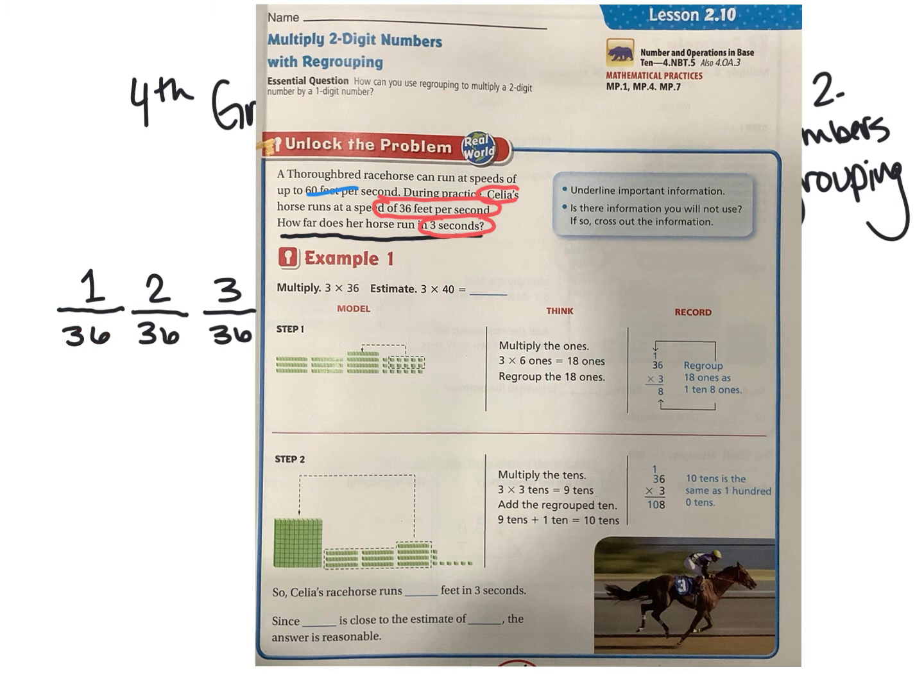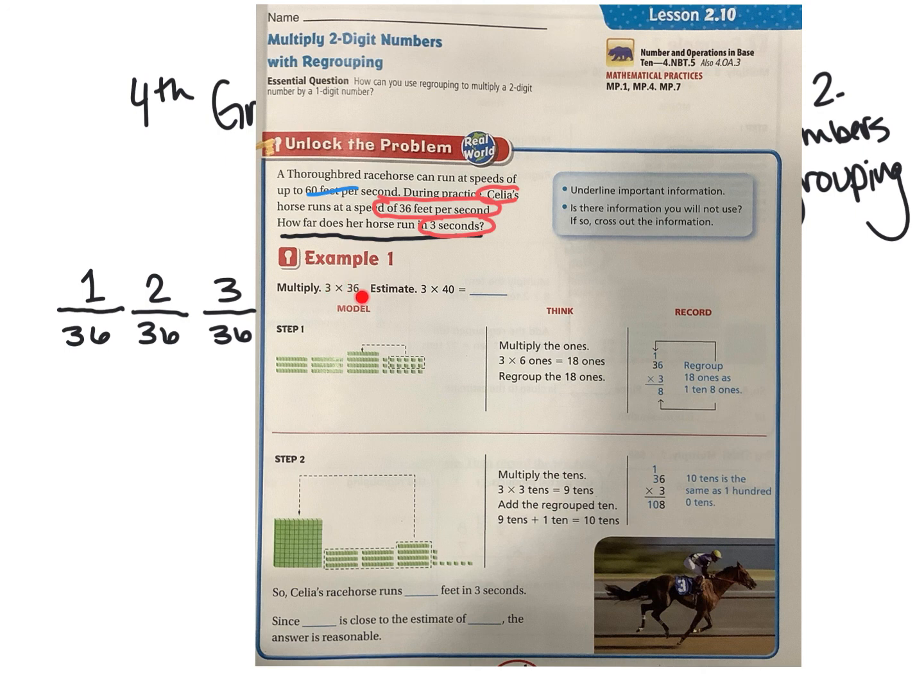So I could add 36 plus 36 plus 36, but the shortcut for that, or it will be a shortcut for you once you get really much more comfortable with your multiplication, is to just say I'm adding 36 together 3 times over, or 3 36s, 3 times 36.